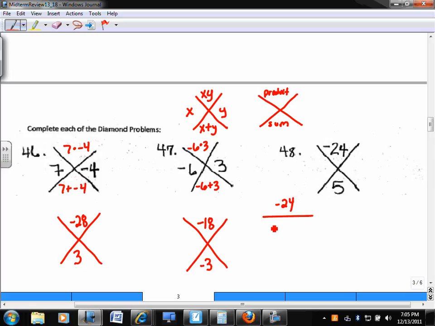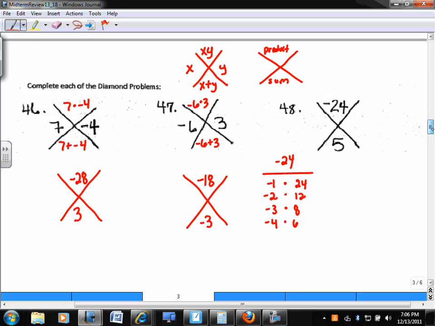I could have negative 1 and positive 24. I could have negative 2, positive 12, negative 3, positive 8, negative 4 times positive 6. Negative 5 does not go into 24, so I couldn't have it. So I'd erase that.